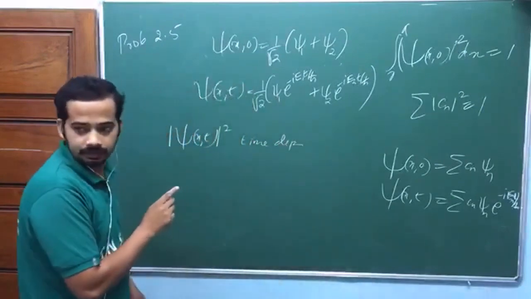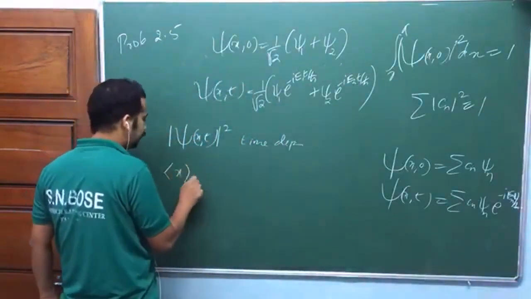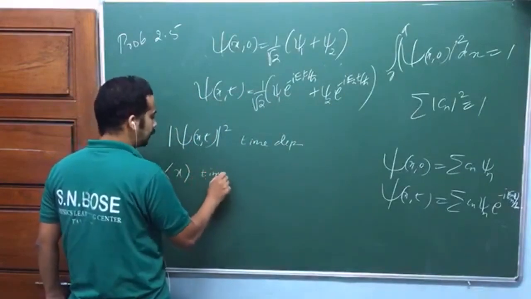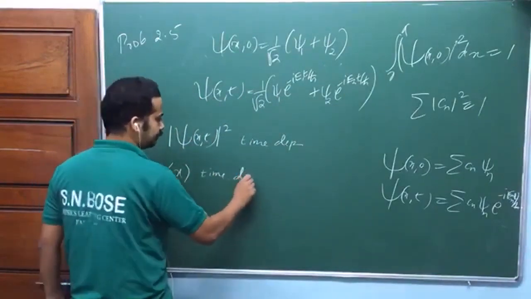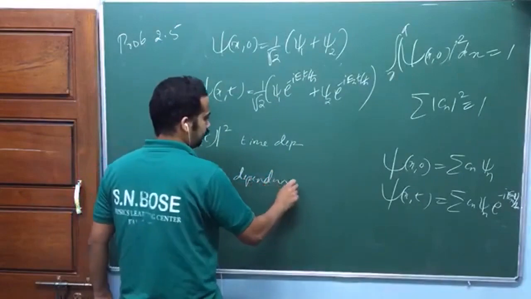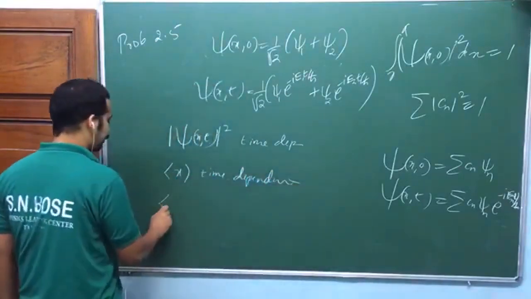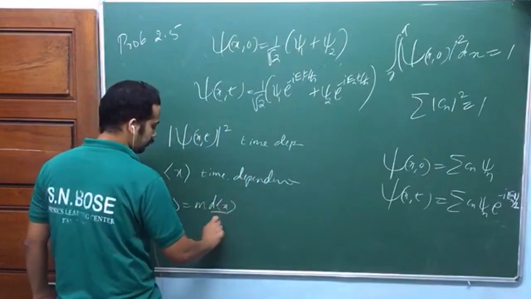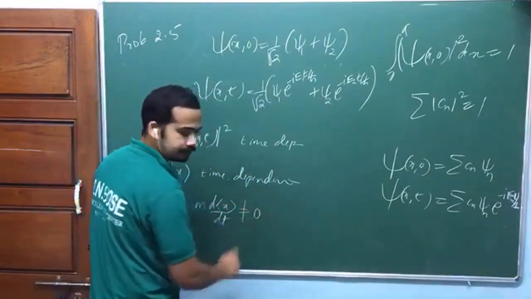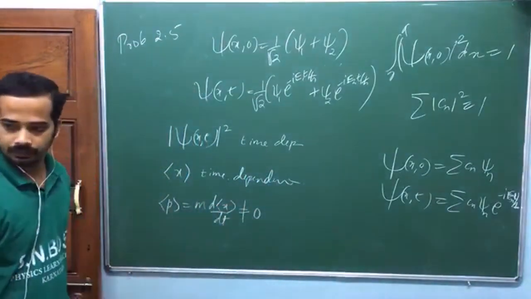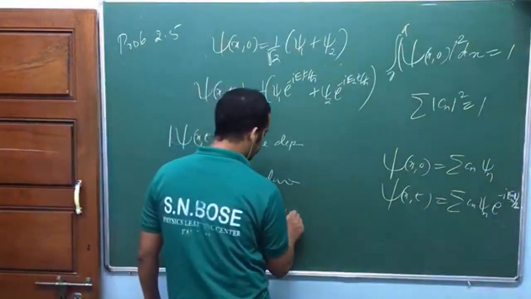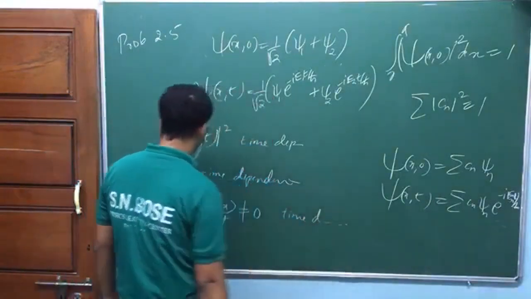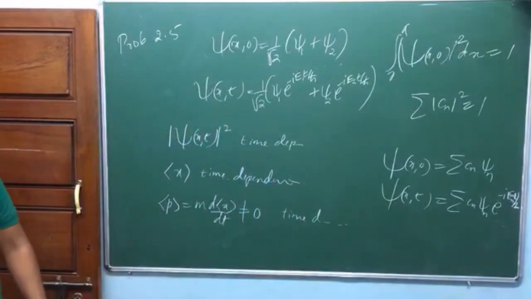Expectation of x, find this one. It will be time dependent using this. Similarly, expectation of p, you can use this one. Non-zero, and it will be time dependent again. Check that out.